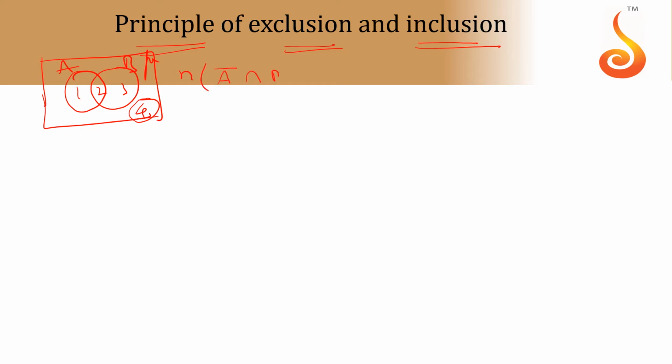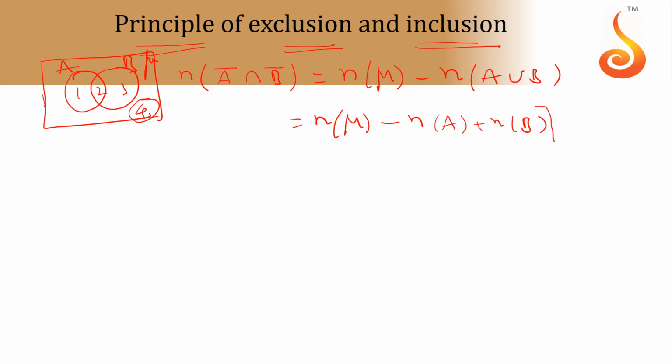A bar intersection B bar, neither A nor B, which is nothing but n of mu minus n of A union B. So what you will do, n of mu minus, what is the formula for n of A union B? n of A plus n of B minus n of A intersection B. So this is n of A plus n of B, you can put in a bracket, plus n of A intersection B.